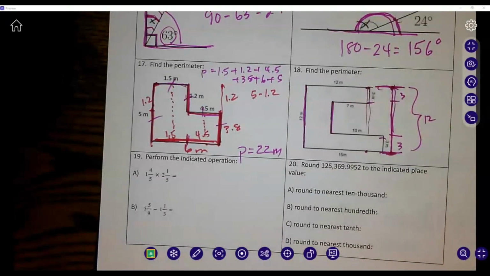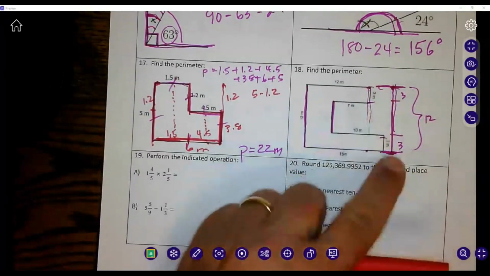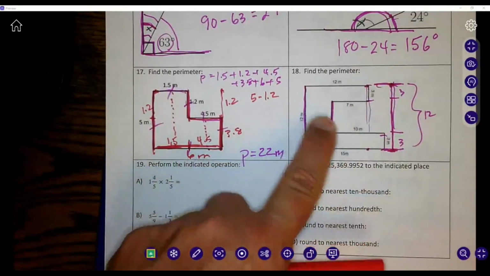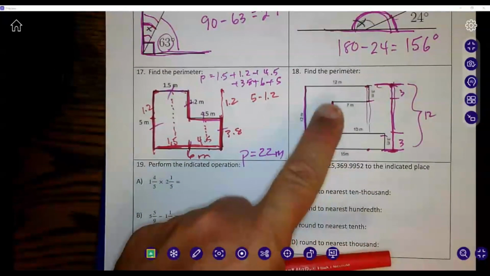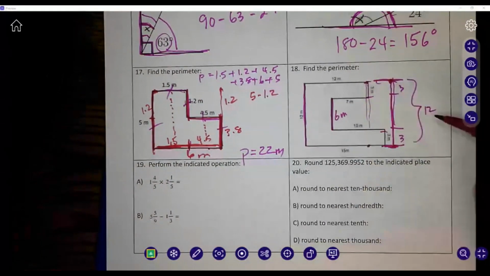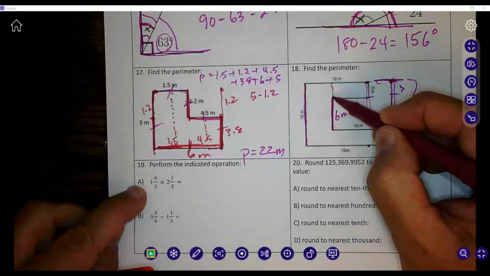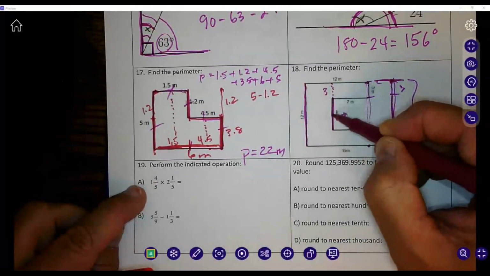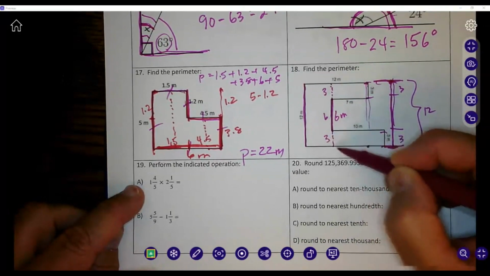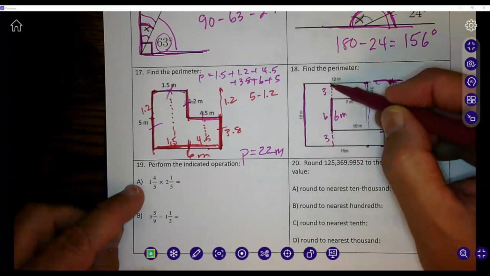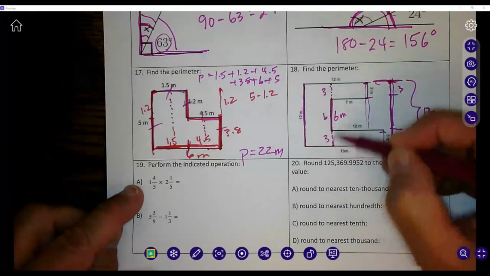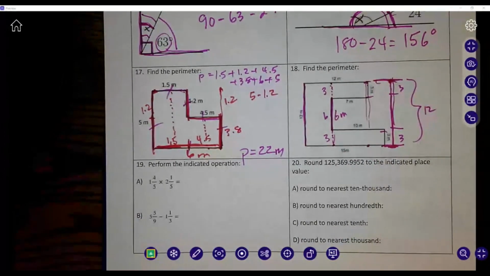So if we take 12 and subtract 3 and 3, what is the length of this missing piece? Okay. Yes, 6 meters, because from here to here is 3, from here to here has to be 6, from here to here is 3, because they're matching these sides, and so from here to here is 12. That piece has to be 6.